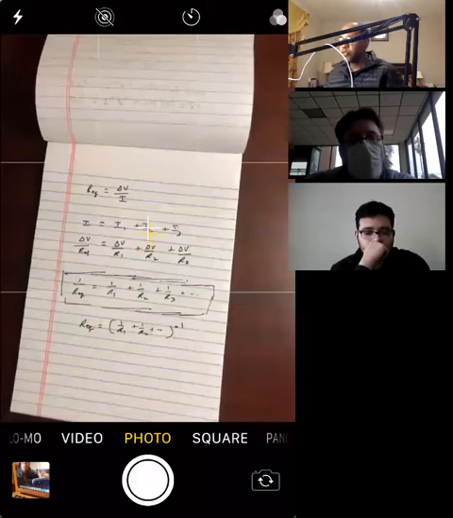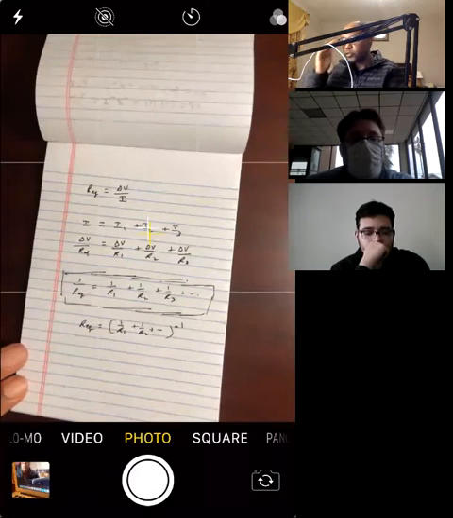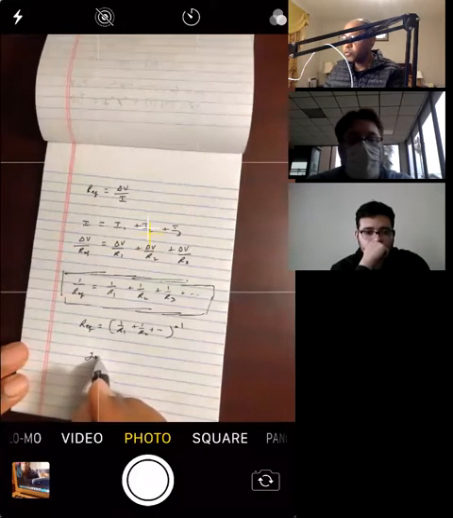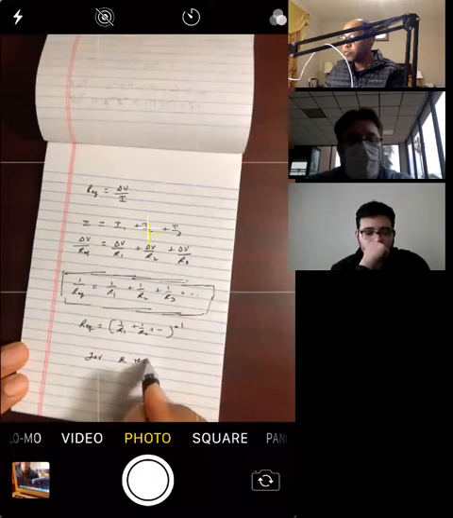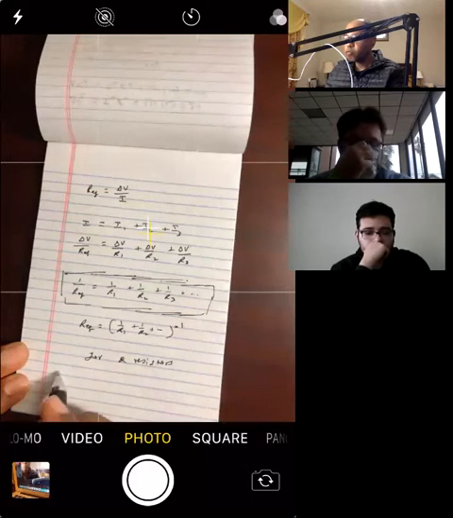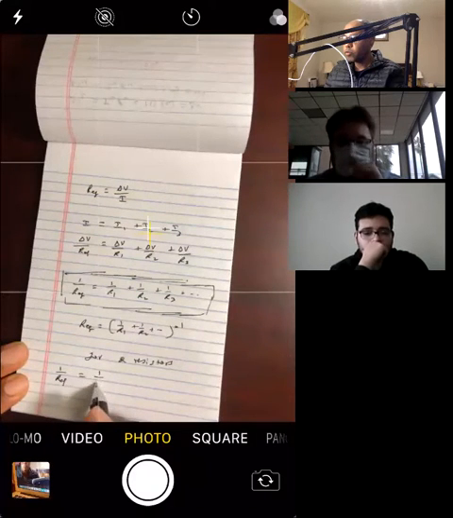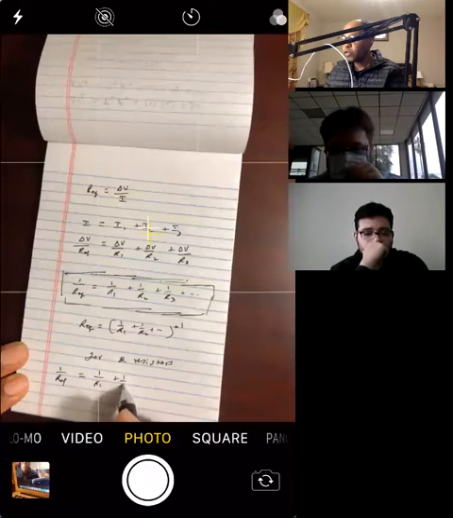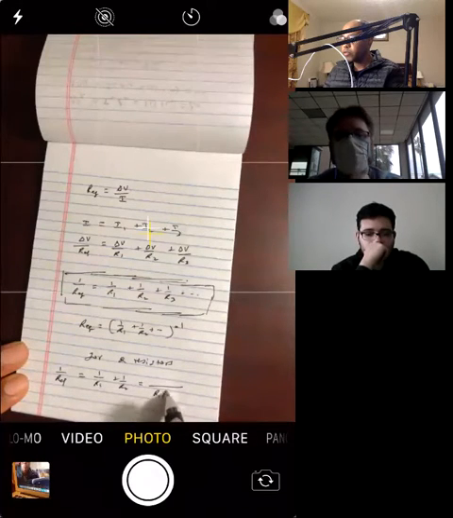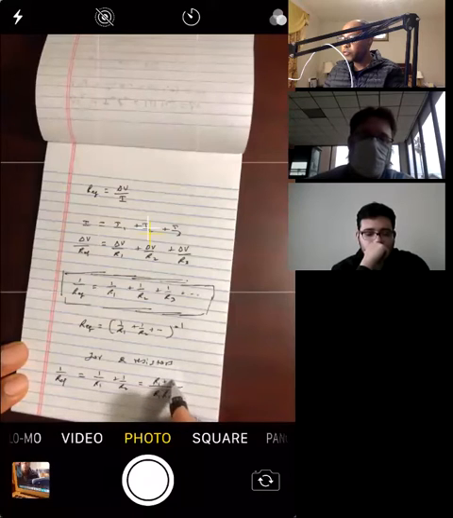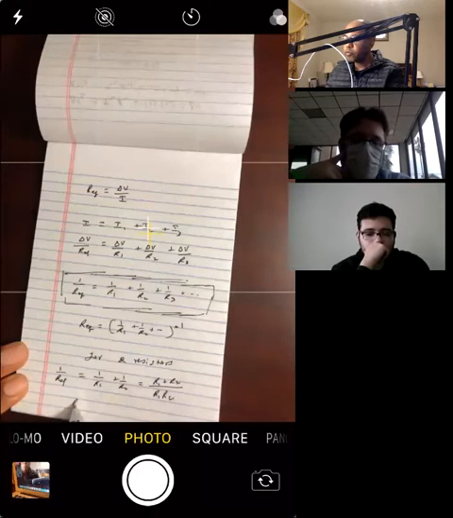Now, this is a cumbersome formula, but for 2 resistors, we can simplify it. For 2 resistors, we have 1 over R equivalent equals 1 over R1 plus 1 over R2. Then we get R1 R2 over here and R1 plus R2 over here, and we get the following formula for REQ.